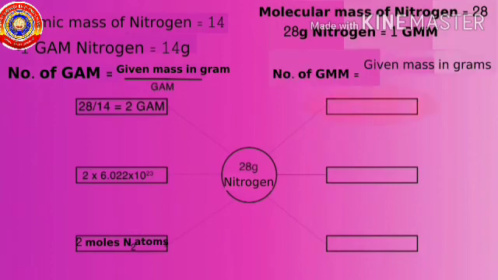So, how many GMM will be present in the given sample of nitrogen? Yes, 28 by 28 is equal to 1 GMM. 1 GMM of any substance contains Avogadro number of molecules. If so, how many molecules will be present in the given sample of nitrogen? Yes, 6.022 into 10 raised to 23 molecules.